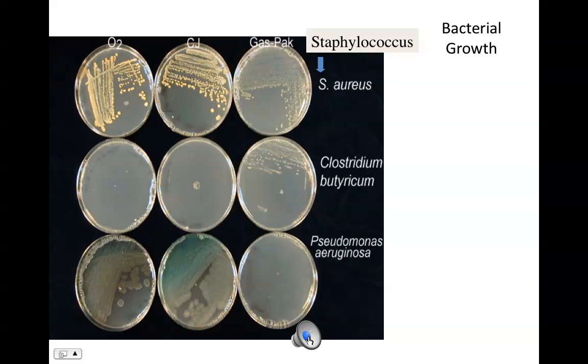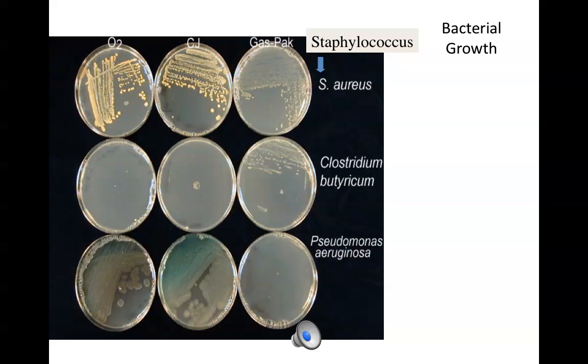Now here we have 3 different organisms, Staphylococcus aureus, Clostridium butyricum, and Pseudomonas aeruginosa. They have been grown in 3 different oxygen-requiring conditions. The first column is the growth of all the organisms in an oxygen-saturated environment, typical atmospheric oxygen.